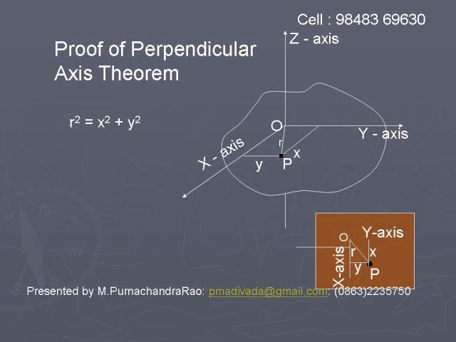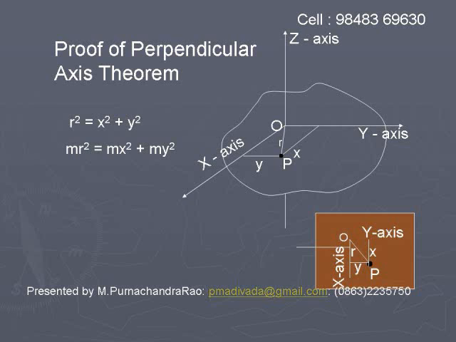The relation between x, y and r is r square is equal to x square plus y square. If m is the mass of the particle, then mr square is equal to mx square plus my square.